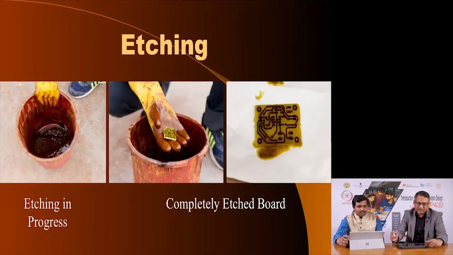Once you have put it in the etching solution, you have to vigorously agitate the container, and this basically will accelerate the reaction. Another method to accelerate the reaction is to increase the temperature of the etching solution, and you could use a heater or something like that, but one has to be very careful not to melt the container. Even if you do not heat it up, it will take about 15-20 minutes of vigorous shaking of the container.